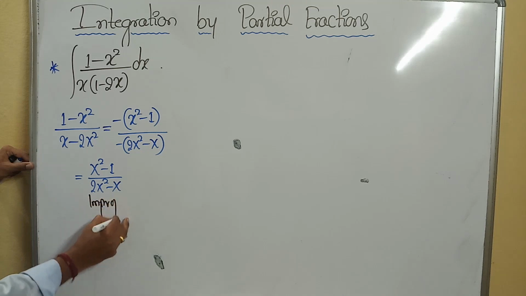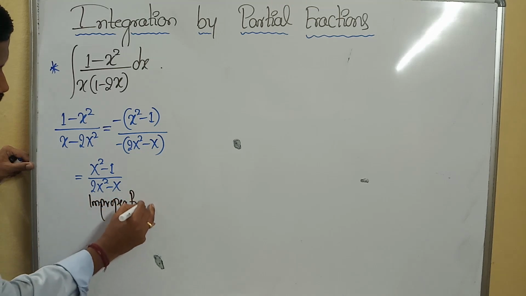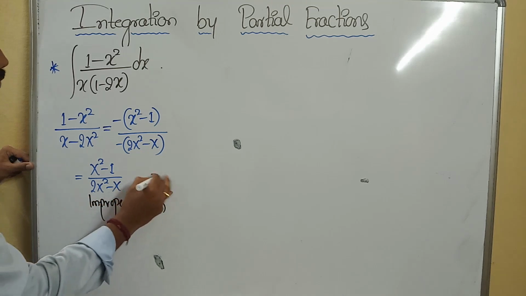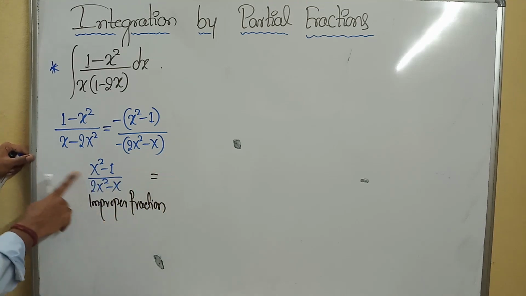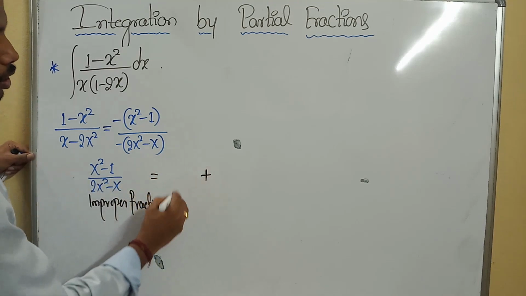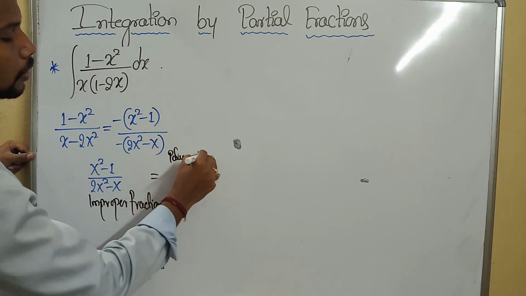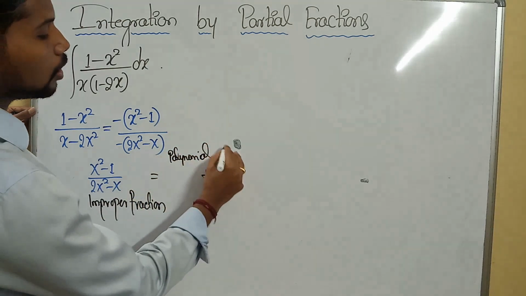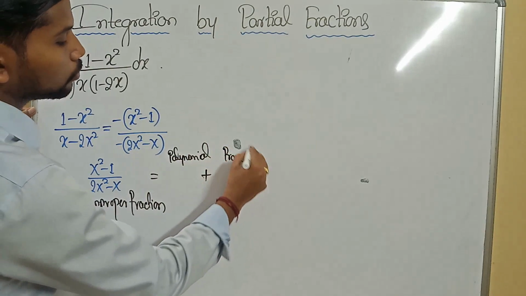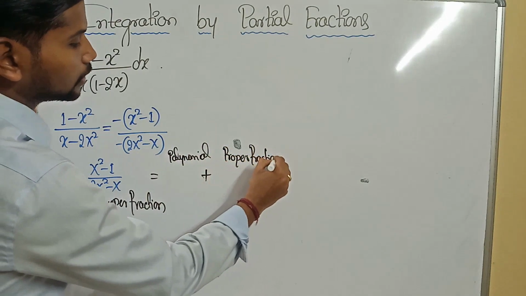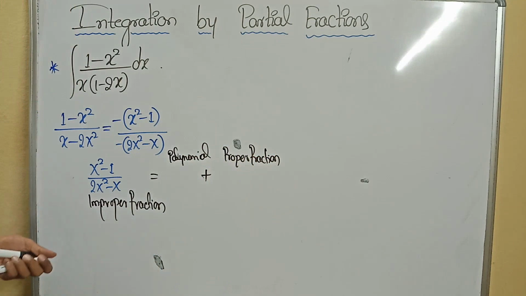It is what? Improper fraction. Okay, now I need to convert this improper fraction to the sum of a polynomial and a proper fraction. Getting my point clearly? By the actual division method.